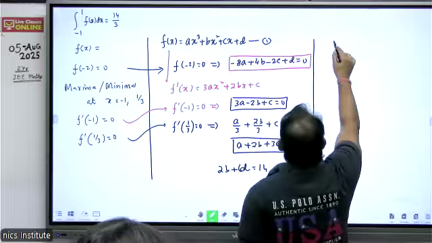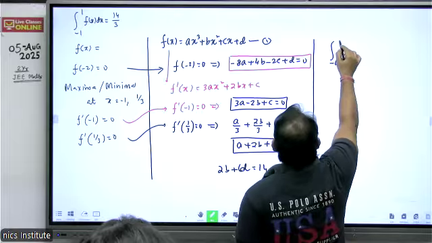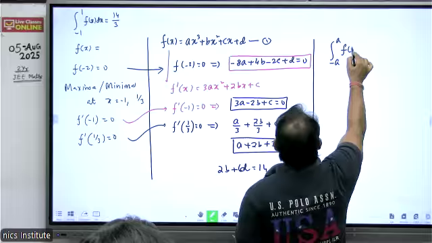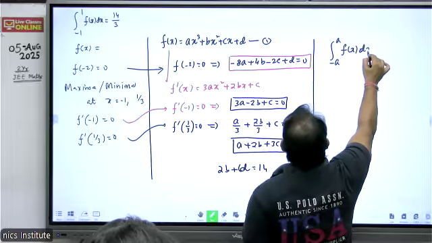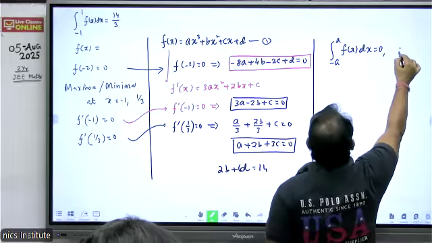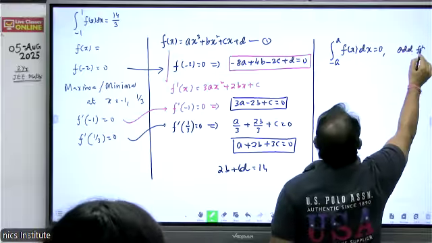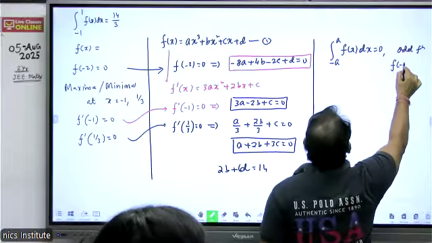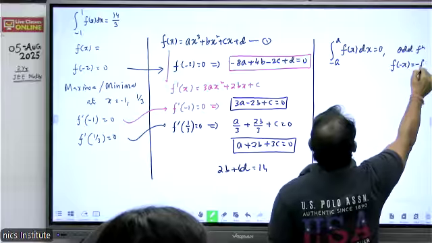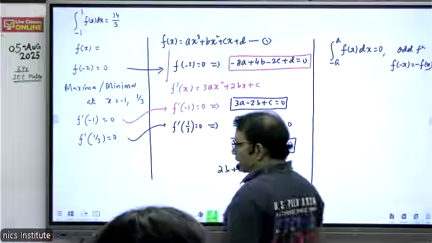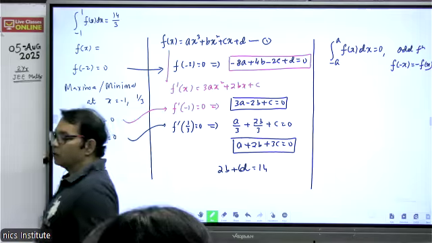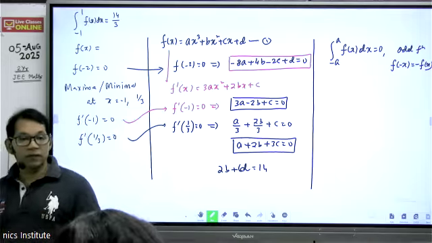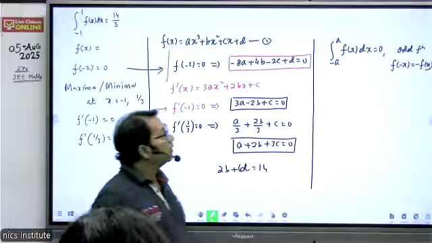If you remember, I told you that integration from minus a to a of an odd function is always 0. What is an odd function? An odd function is one where if you replace x by minus x, you get minus f of x. You don't remember this.